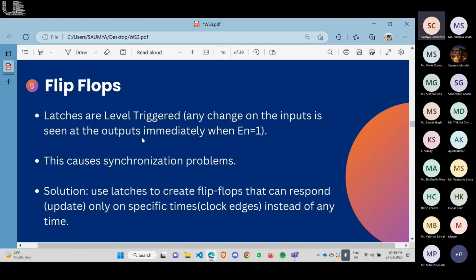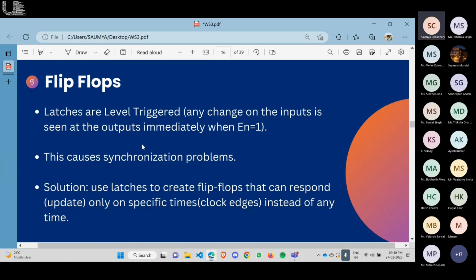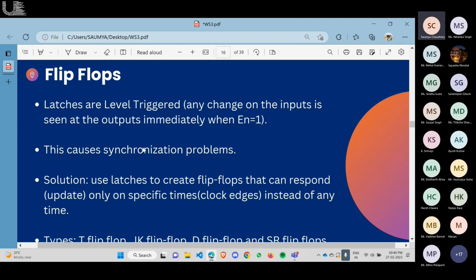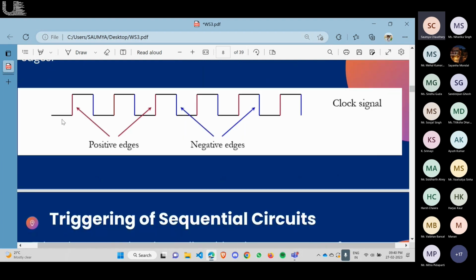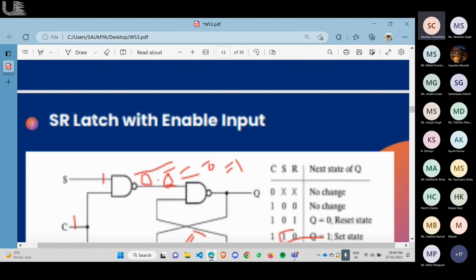So here the flip-flops. As we have seen, latches are level triggered, while flip-flops are edge triggered. We will see the change in the flip-flop output when the clock is going from 0 to 1 or 1 to 0; only then will we see the change in the output of the flip-flops.